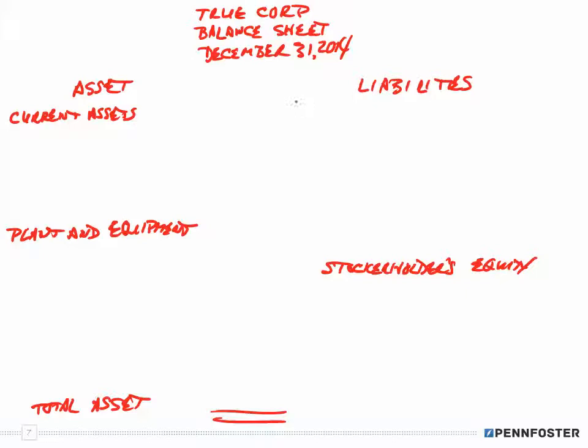We can do the same thing for our liabilities. We can have current, and I'm going to abbreviate here, okay? We can have current liabilities. You should write this all out, okay? And then we also have our long-term, and I'm going to abbreviate long term as LT, but you would write it out, okay? Long-term liabilities, and that's an abbreviation, okay?